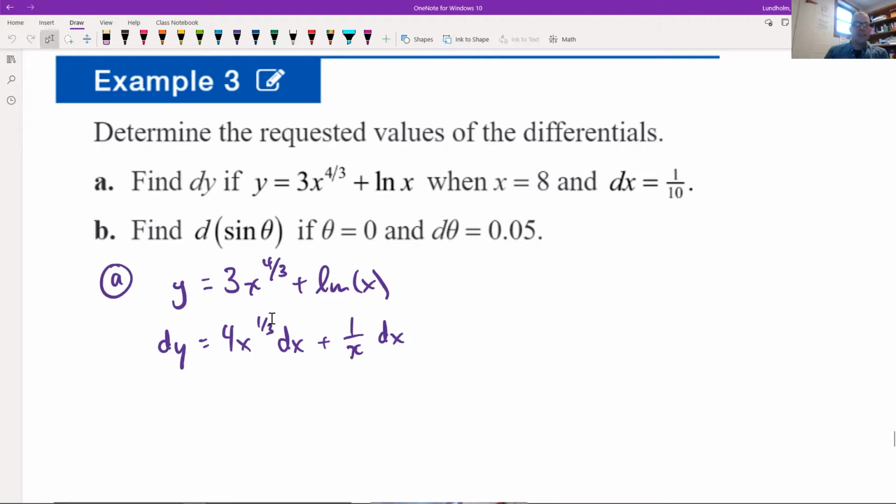So yeah, that's just the addition rule. We took those derivatives independently and found them here.